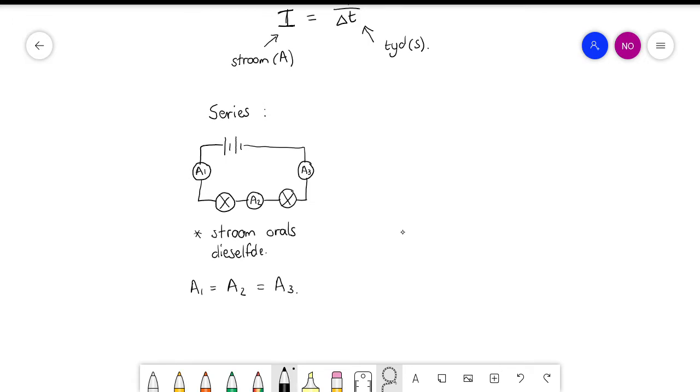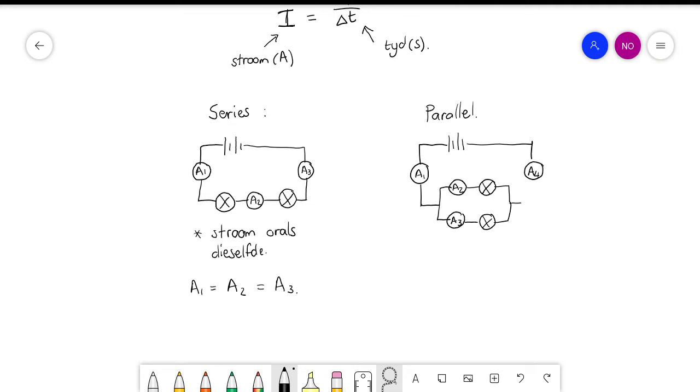Maar as dit kom by parallel, that's going to be confusing. Okay, sien julle hierdie stuk en hierdie stuk?